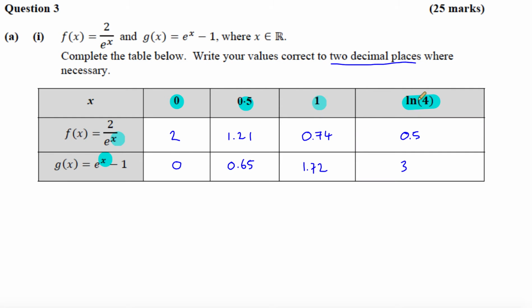And then finally, at the natural log of 4, that's actually 1.386, and on it goes. So about 1.4 really, 1.39. So our x value of 1.39, we're going to have a y value of 0.5.